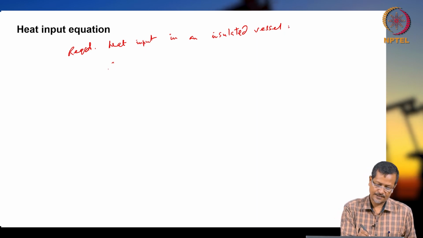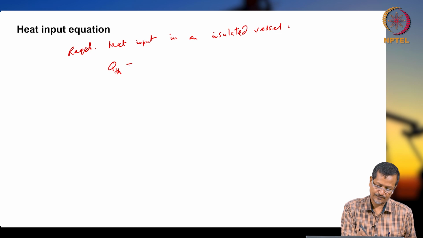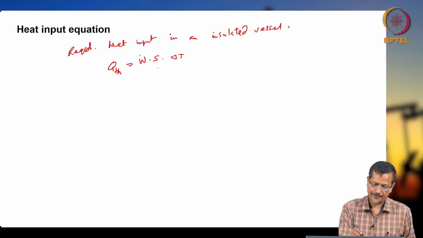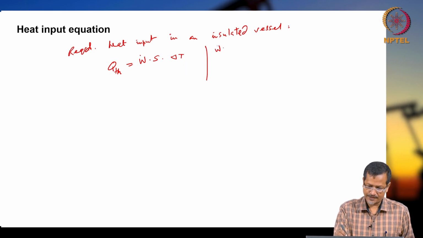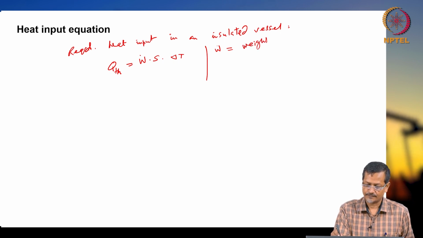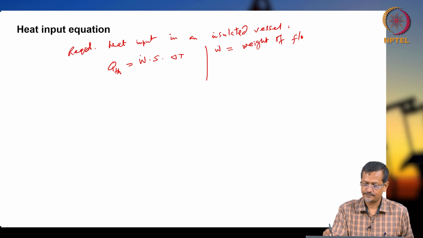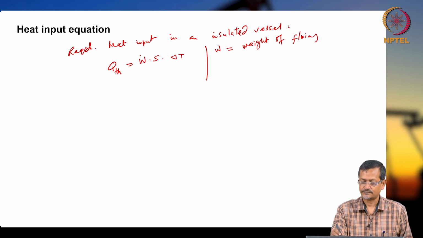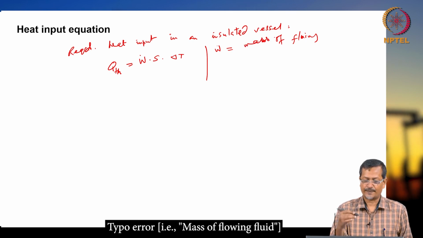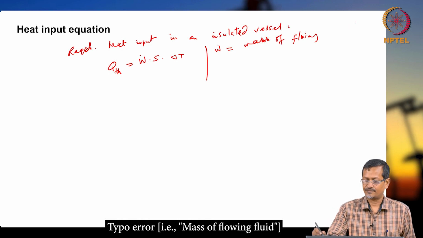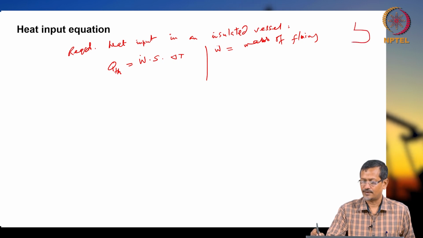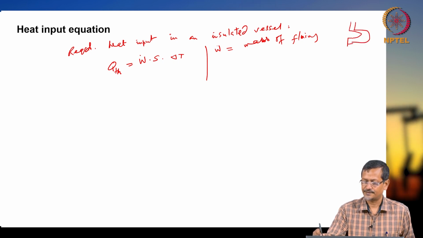For an insulated vessel, the theoretical heat will be W dot S dot del T. W dot is the weight of fluid, or mass of fluid; instead of weight we can write mass of fluid going through the pipe. Let us say the fire tube is drawn like this.